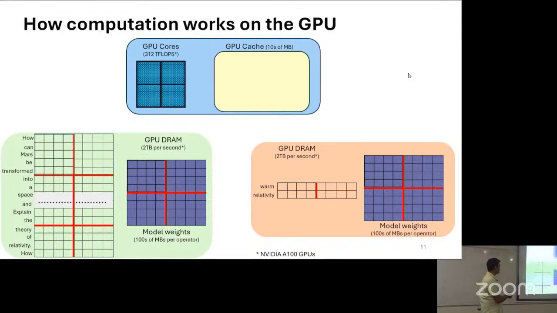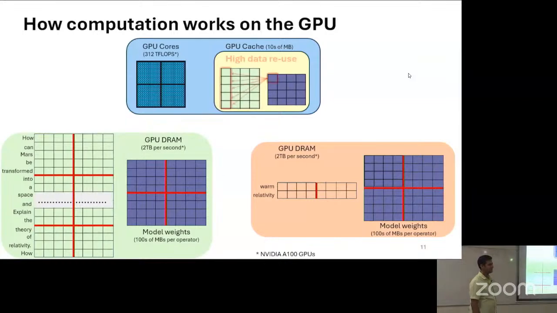So what we are going to do is we will split our matrix into smaller portions called tiles, and we will load one tile at a time to do the computation. Right? And we do this tiling because there is something called the GPU cache, which gives you lower latency and higher bandwidth than accessing the DRAM. So we want to avoid going to GPU DRAM, which is much slower than computation. So that's why we try to do maximum computation while accessing the cache itself.